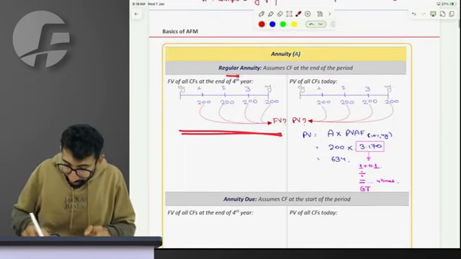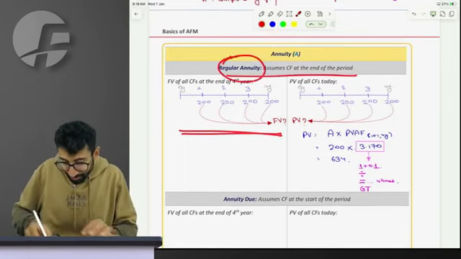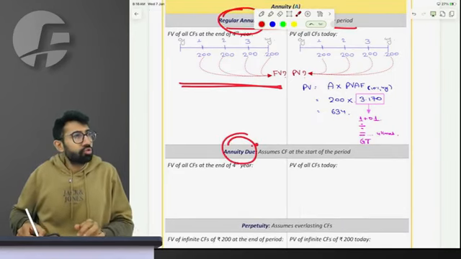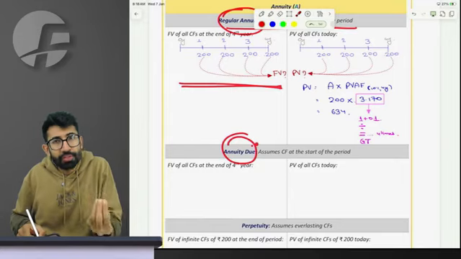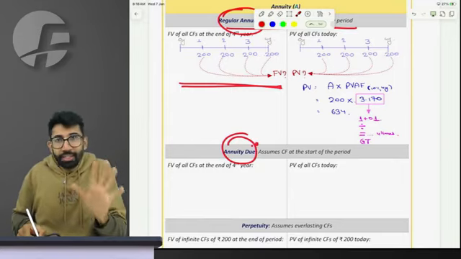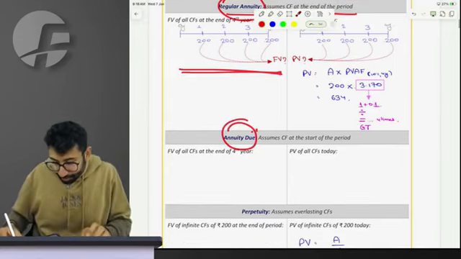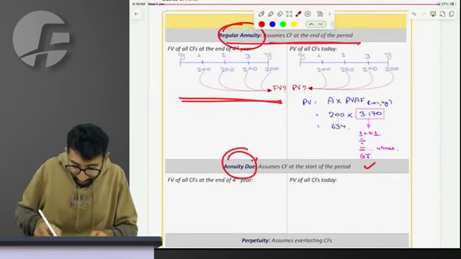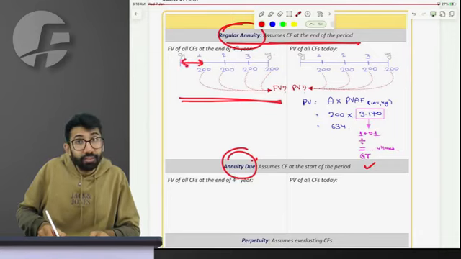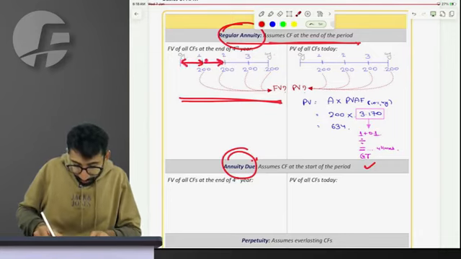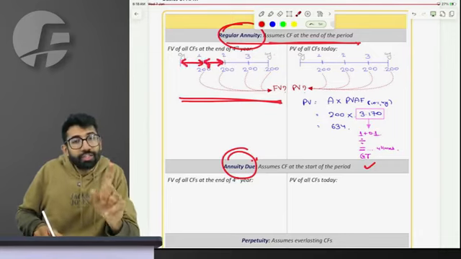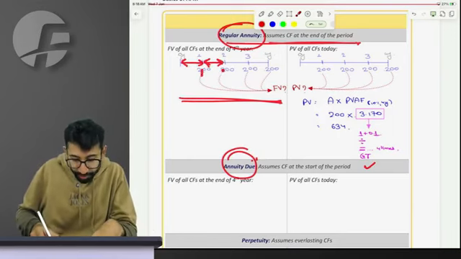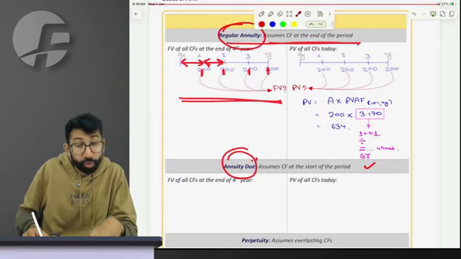Then there are two possibilities of annuity, regular annuity and annuity due. If you observe, no situation is there where you will use annuity due in the exam, so let's put it off. But the point of difference was that regular annuity, for example, this is first year, this is second year, is towards the end of every period, which means the cash flow is at first year end, second year end, third year end and fourth year end.